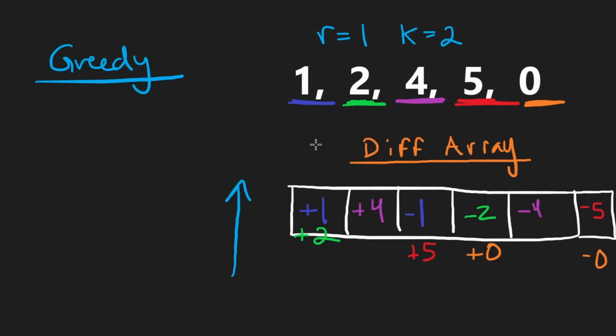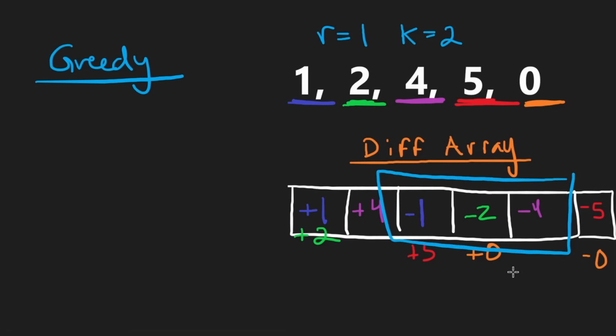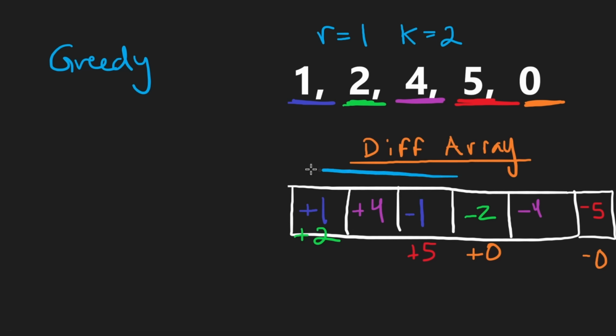So I guess one thing you could do is just scan through here, find whatever the smallest one is, and then apply the increment to that range, the one that includes the smallest number. And in this case, I think that would be this range.